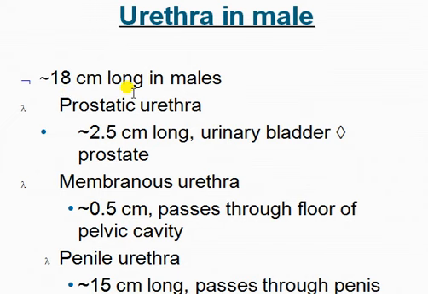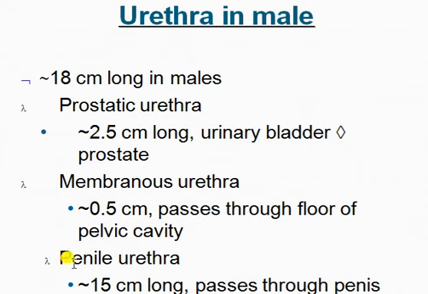In the male's urethra, the prostatic urethra is near the prostate gland, that's why it is about 2.4 centimeters. That urethra near the prostate gland is given the name prostatic urethra. Next, the membranous urethra, 0.5, passes through the floor of the pelvic cavity between the prostate gland and the penile urethra. So it is very short, 0.5.